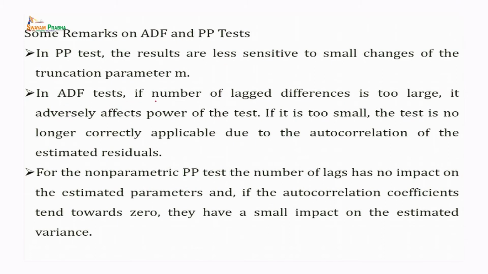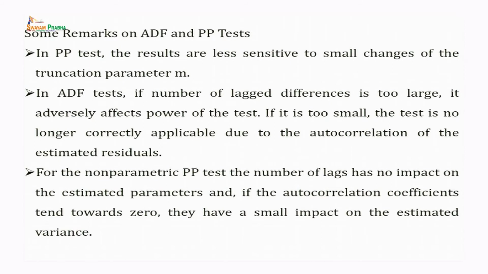In ADF tests, if the number of lag differences is too large, it adversely affects the power of the test. Means if the order of the augmentation term k is too large, it affects the power of the test. If it is too small, the test is no longer correctly applicable due to the autocorrelation of the estimated residuals.